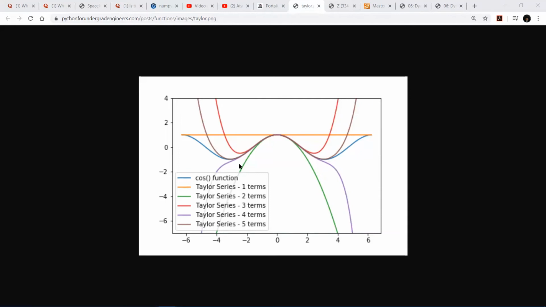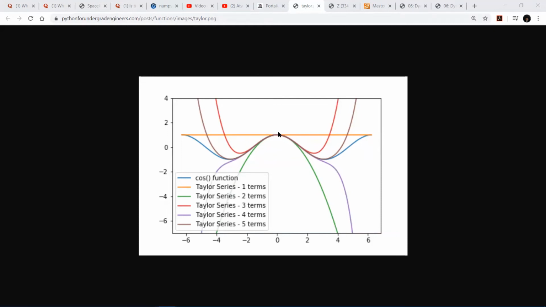Take a look at this, let's see here, cosine function. It's the blue curve here. Well, we already know that the cosine function, it's got a name, we know what the shape looks like. You may have looked at the power series expansion of the cosine function.